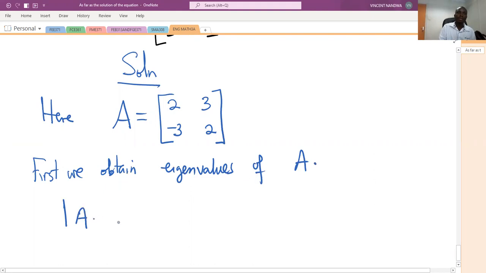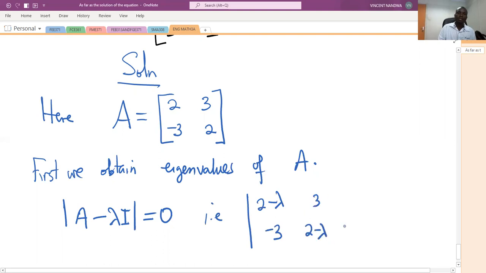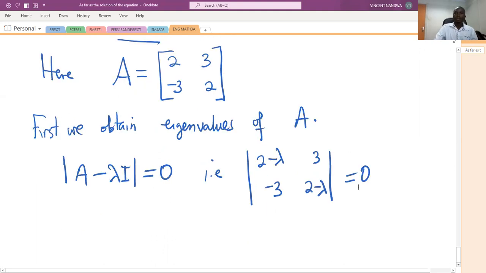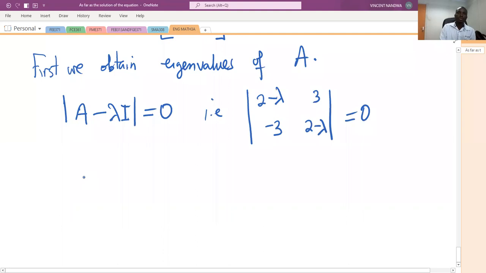To obtain eigenvalues of A, we need to solve the equation: the determinant of A minus lambda I is given by 0, i.e. the determinant of 2 minus lambda, 3, minus 3, 2 minus lambda equals 0. So this 2 by 2 determinant will be 2 minus lambda times 2 minus lambda, minus minus is plus, equals 0.